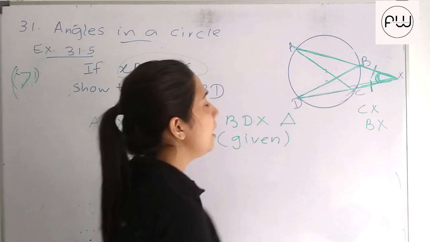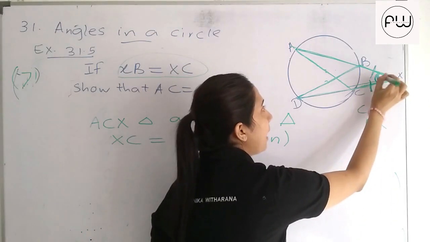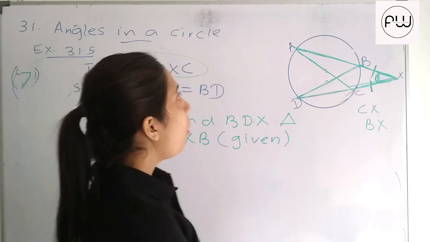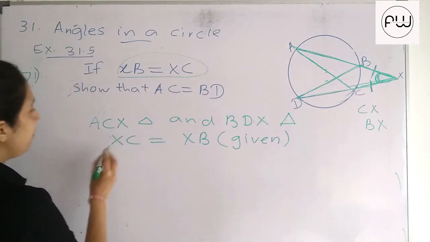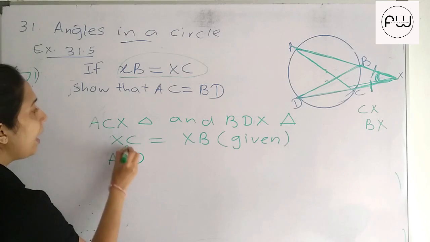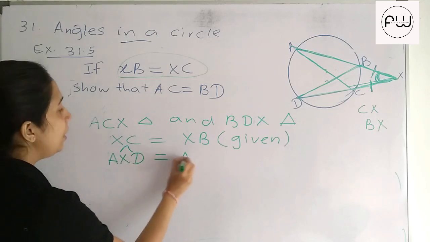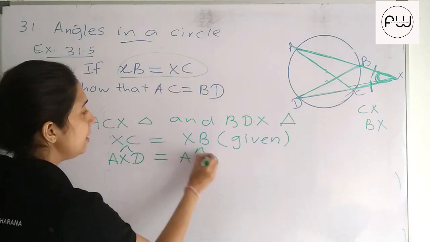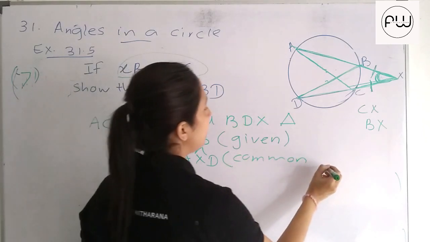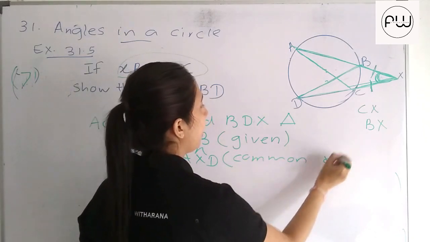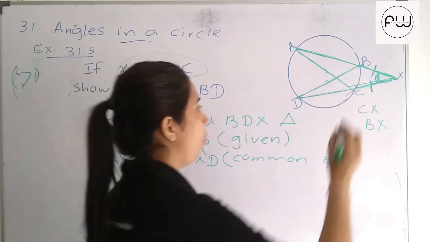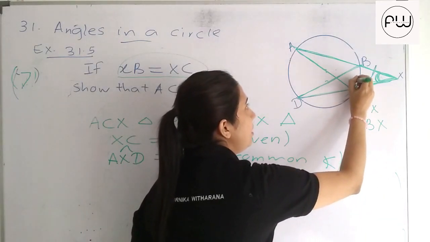Then we can say this angle is common to both of these triangles. Then we can write AXB angle is equal to AXB. What is the reason? It's a common angle for both of these triangles.